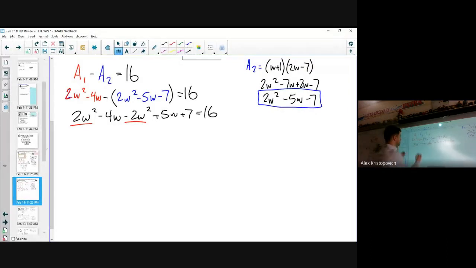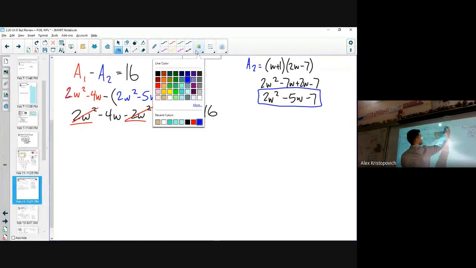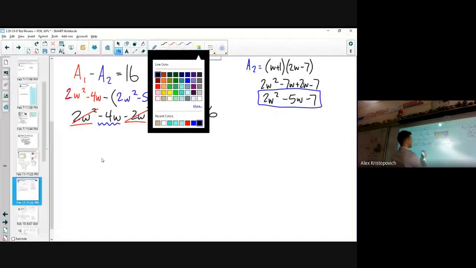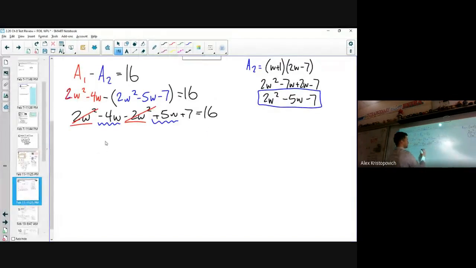These will just cancel out. We have a negative 4W and a positive 5W. Therefore, that's going to be 1W plus 7 equals 16. We're basically done. Subtract your 7. So W is equal to 9.